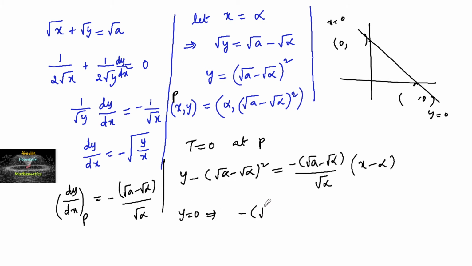So we'll get minus of root a minus root alpha whole square is equal to minus of root a minus root alpha divided by root alpha into x minus alpha.